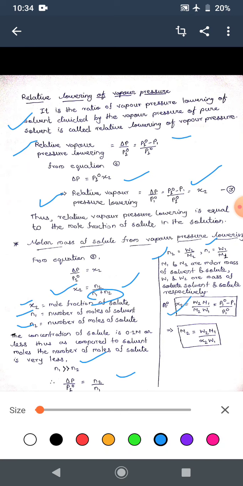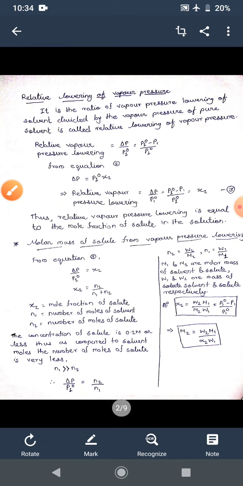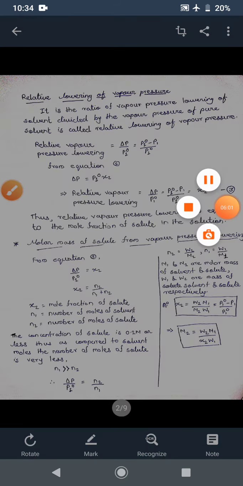Finally, the equation for the molar mass of the solute becomes M2 is equal to W2 into M1 divided by x2 into W1. So this is the equation for the molar mass of the solute.